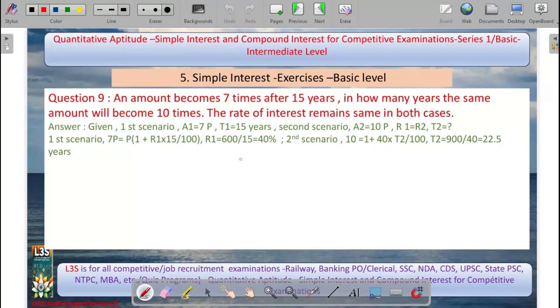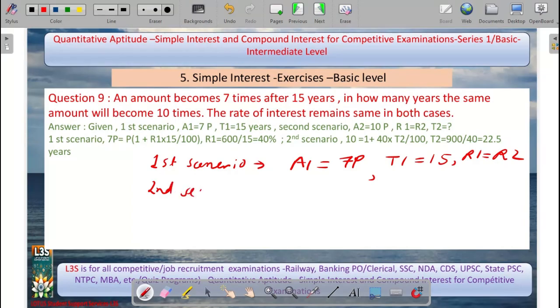So A1 will be equal to 7 times P, and T1 is equal to 15 years. Rate of interest same. So R1 equal to R2.